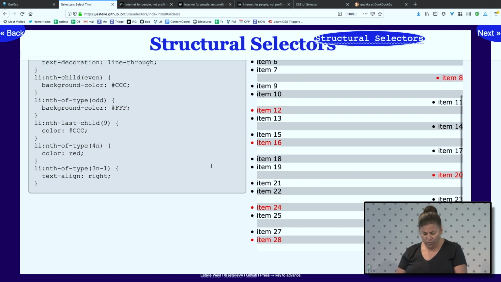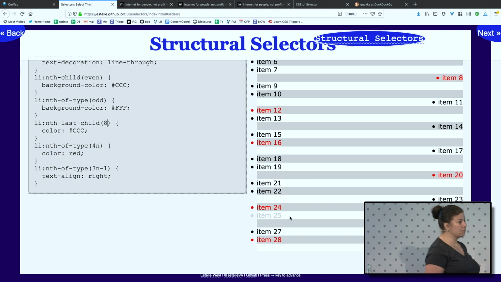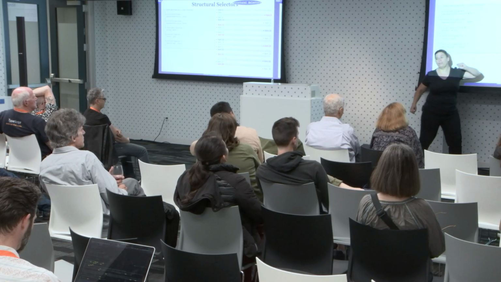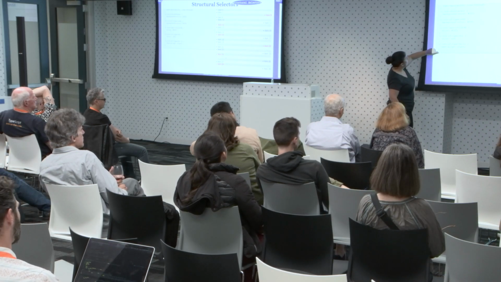Oh, I overwrote it with the red. 8. There we go. So you see number 25? Right here, number 25. There's a total of 32. So what I did here is I said nth last child 8. So I started counting from the bottom.